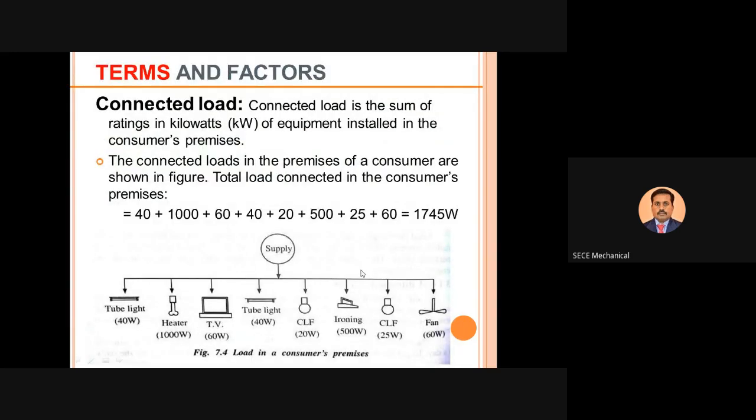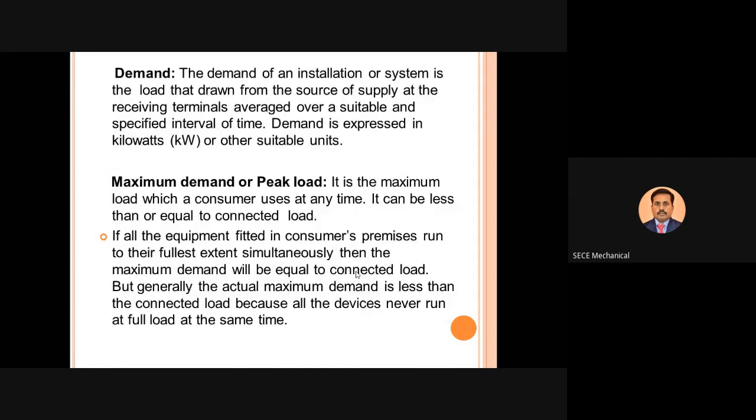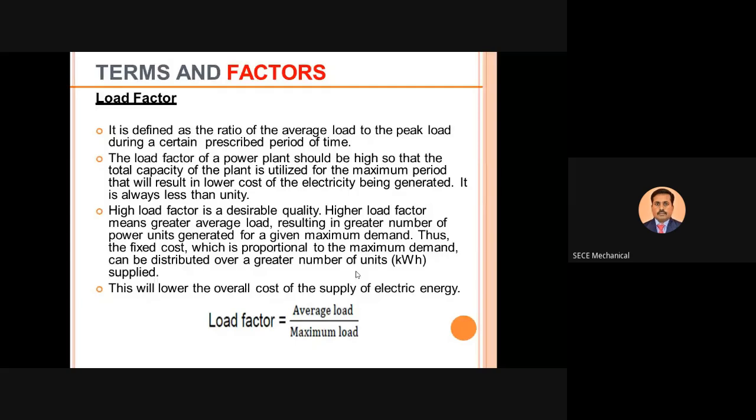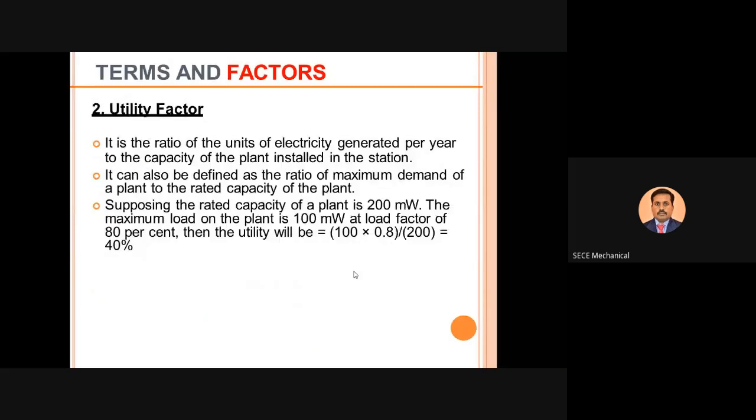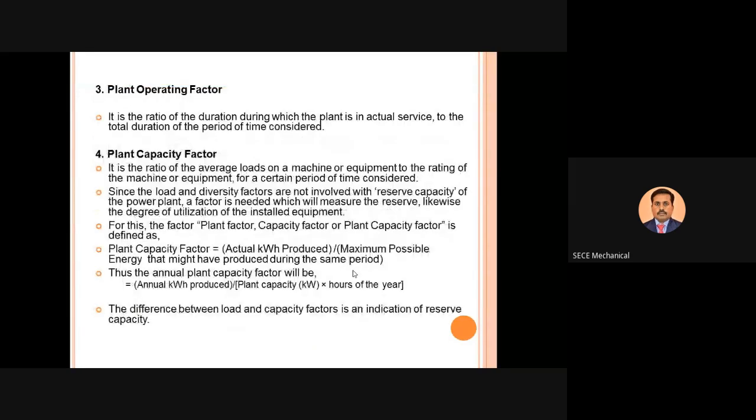And finally we discussed terms and factors: connected load, demand, maximum or peak demand, load factor and utility factor. In the next class the remaining factors we are going to discuss.